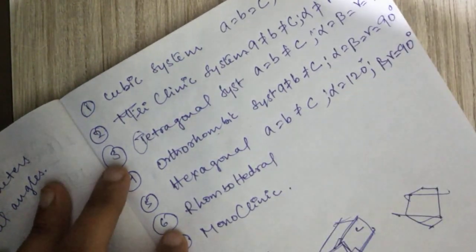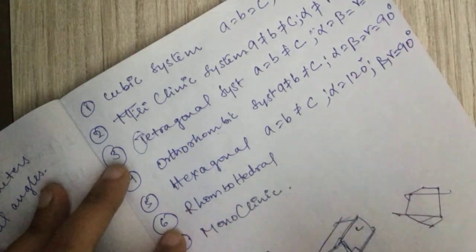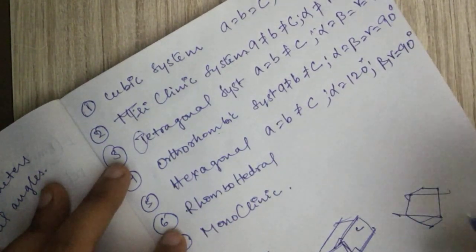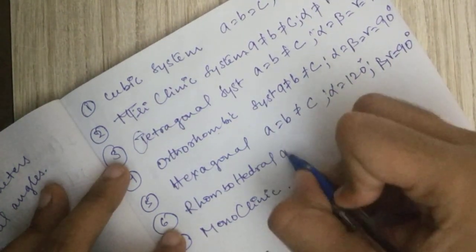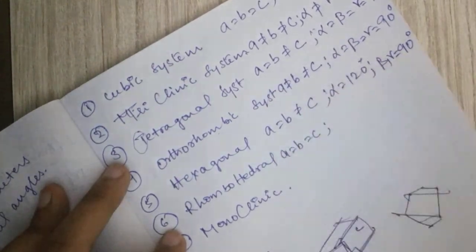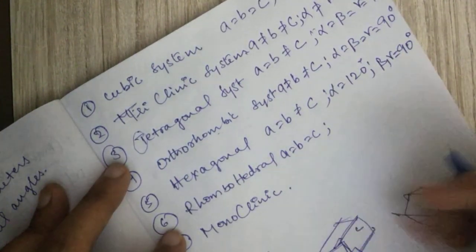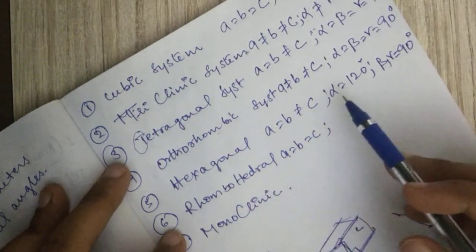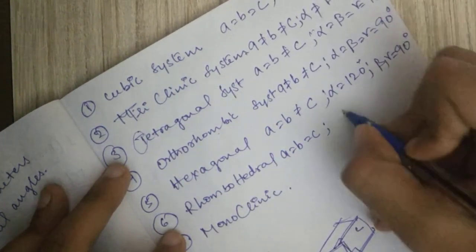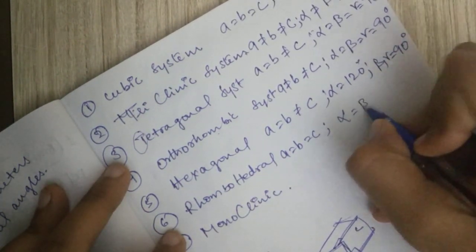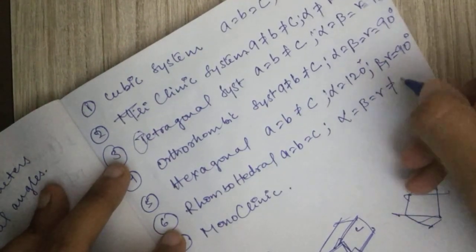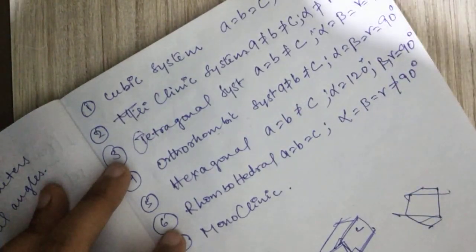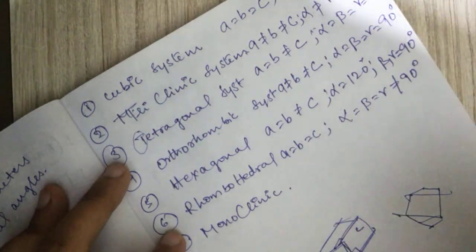Coming to the rhombohedral system, rhombo indicates a rhombus. In a rhombus, all sides are the same, so A equal to B equal to C. But not all angles are 90 degrees, so alpha equal to beta equal to gamma, not equal to 90 degrees. It can be anything, but not 90.